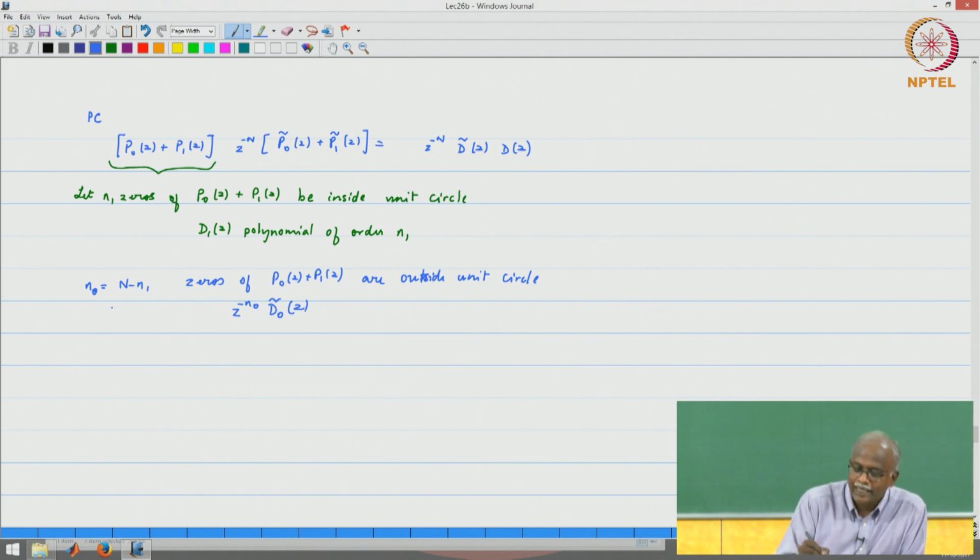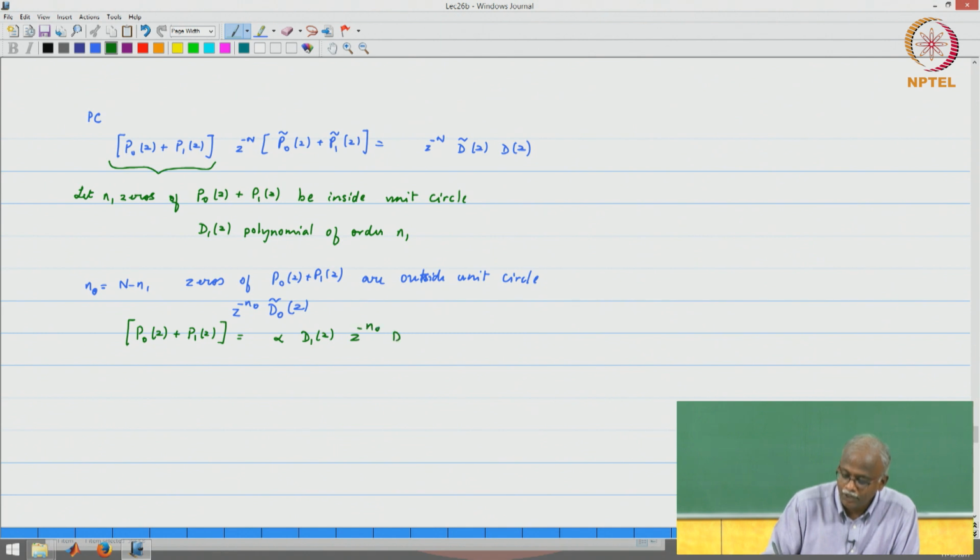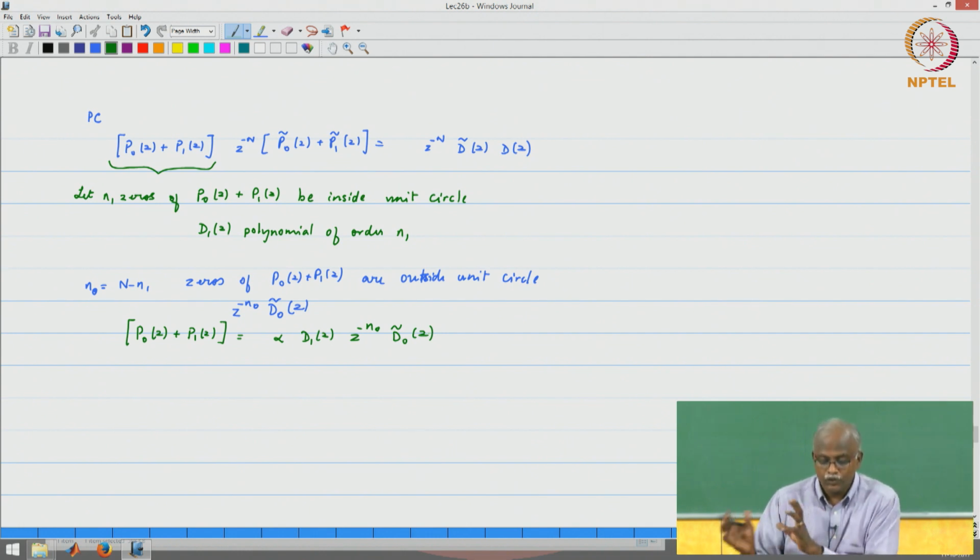Then I can write an expression for P naught of Z plus P1 of Z. This is equal to some proportionality constant alpha times d1 of Z, Z power minus n naught d naught tilde of Z. The zeros outside the unit circle have to be part of d tilde.